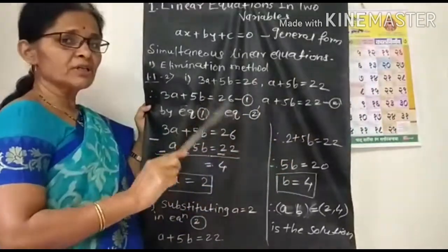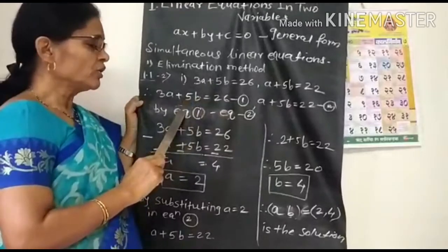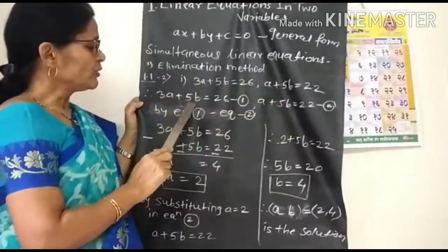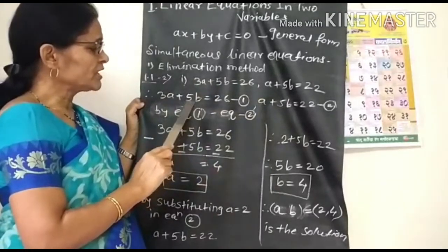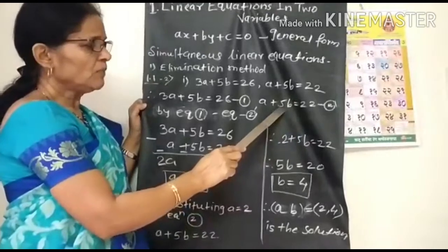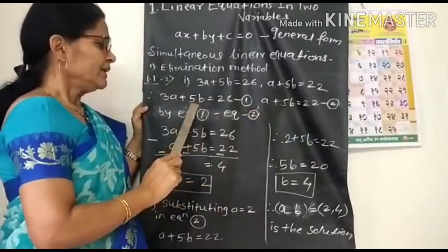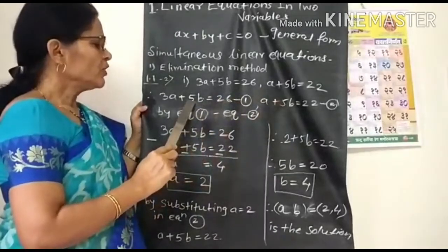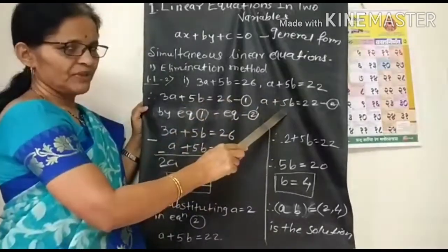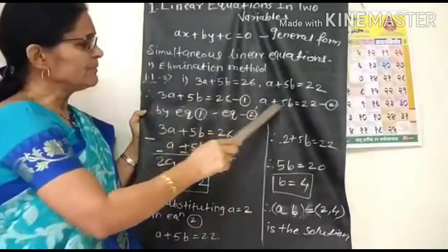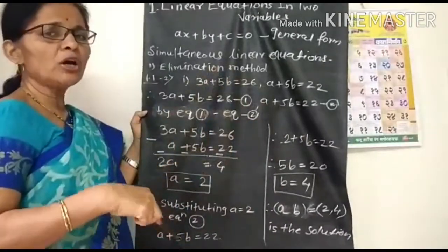And observe equation carefully. Coefficient of any variable are same. See, observe here. 3a plus 5b. Coefficient of b is 5. Here also coefficient of b is 5. So by equating coefficient, already coefficients are equal. So we have to decide how the b is eliminated, by subtracting or by adding.